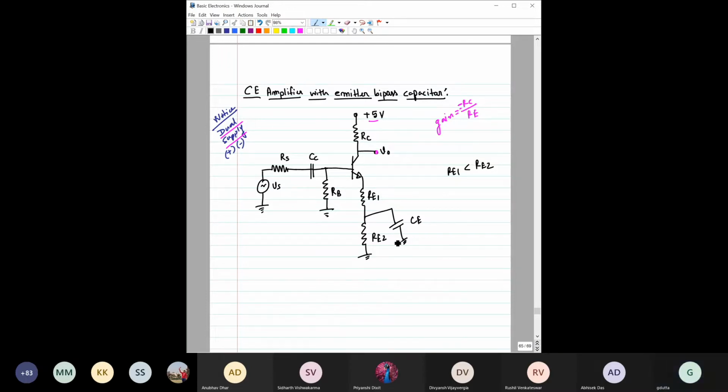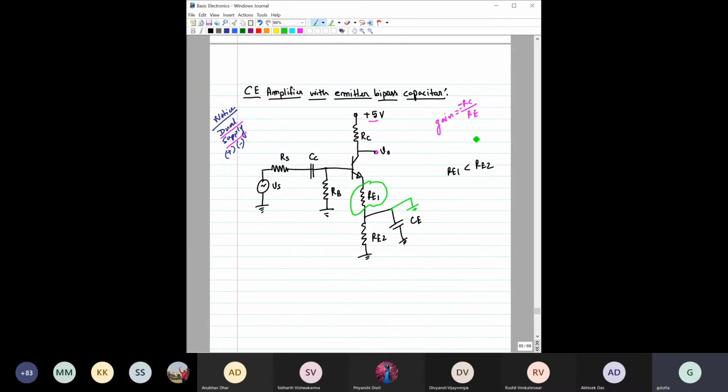This capacitor is important because when you are doing the AC analysis, the capacitor would be shorted, so that way this point would be grounded. So during AC analysis, you are getting only the effect of RE1.